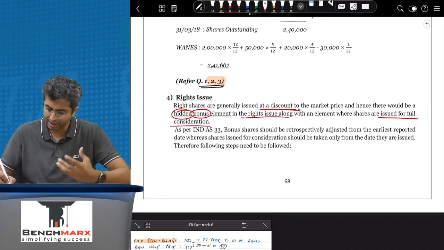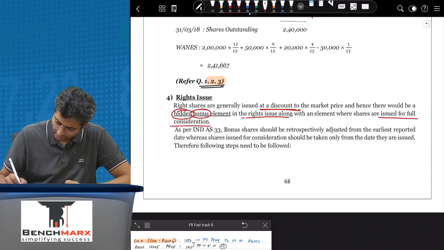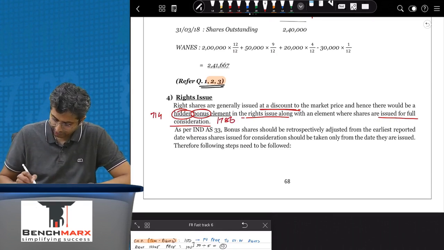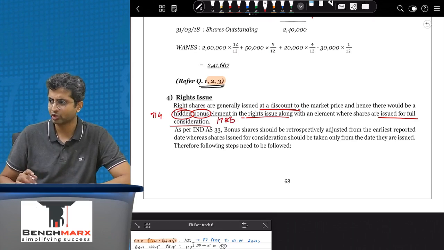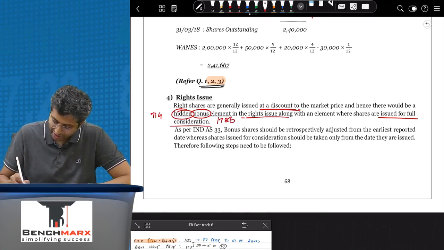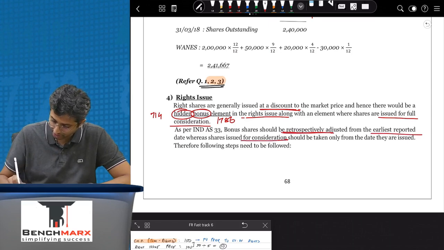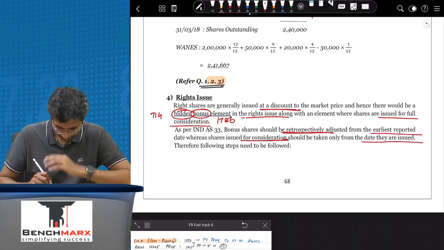There will be a hidden bonus in our example, which is 714 along with shares issued for full consideration, which is 1786 ideally, which totals up to 2,500. So 2,500 entirely is not bonus, it is not entirely full consideration. As per IND AS 33, bonus shares should be retrospectively adjusted from the earliest reported date, whereas shares issued for consideration should be taken only from the date they are issued.